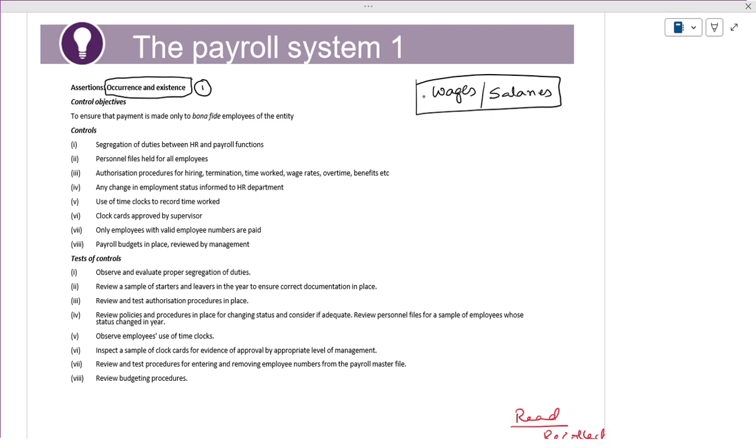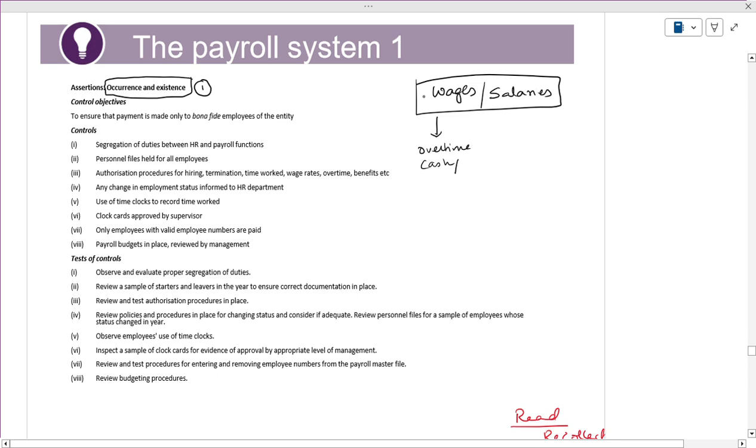You are talking in terms of wages. Who is authorized to take overtime? In most of the times, wages are paid by cash. Who is authorized to pay it? If it is not paid, usually you take into consideration our own system.